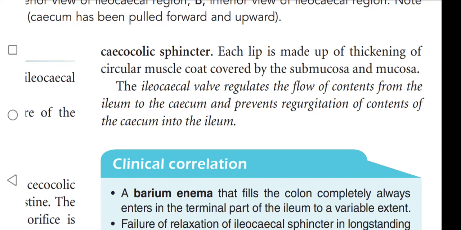The cecum is part of the large intestine and the ileum is part of the small intestine, so it prevents regurgitation from the large intestine into the small intestine.